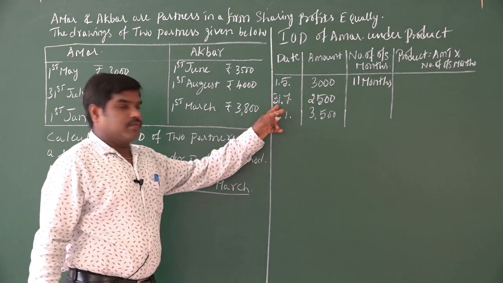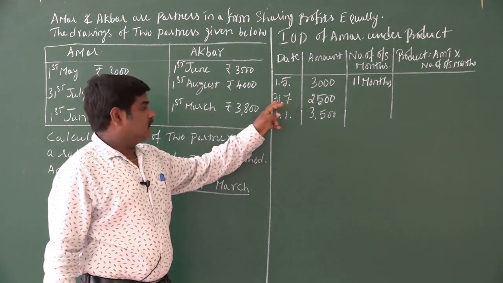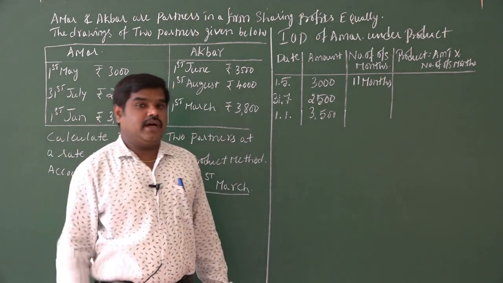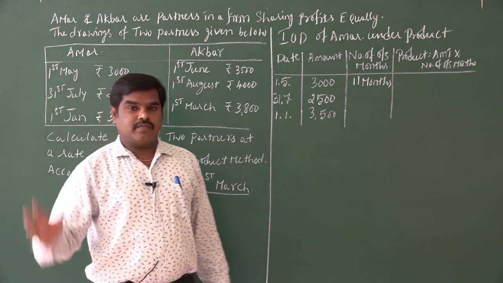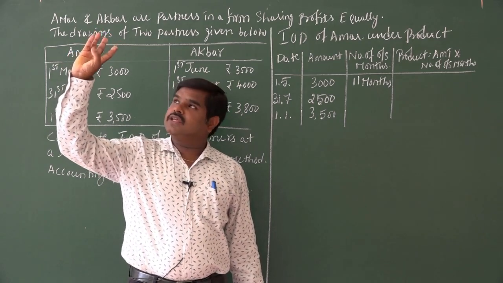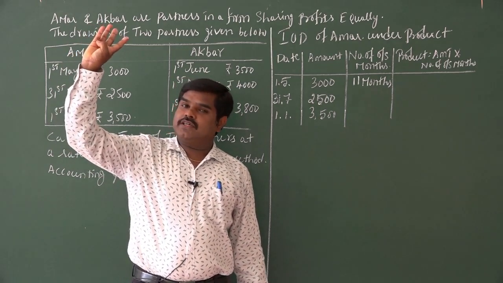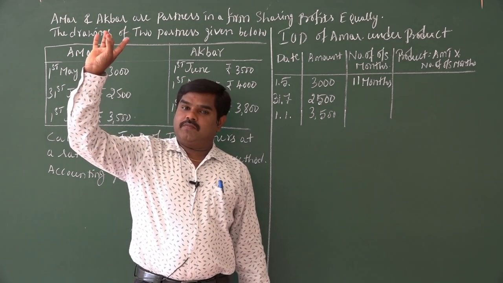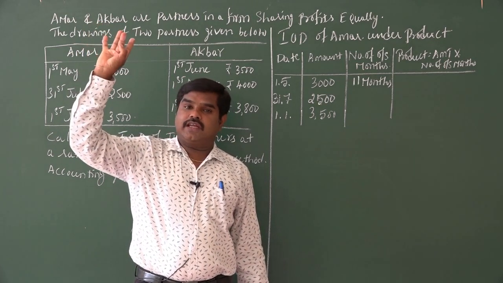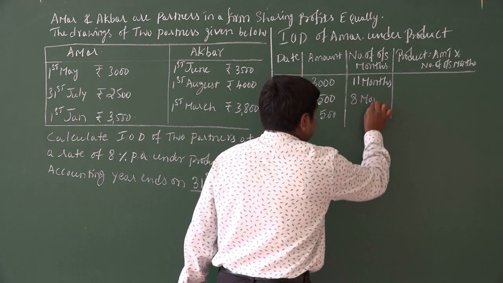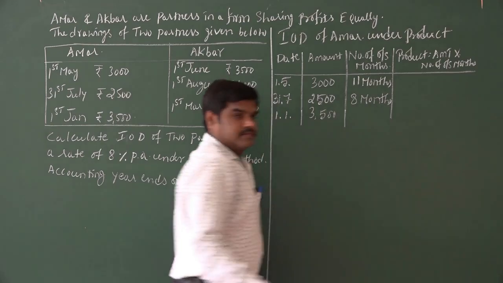Next, come to 31/7. 31/7 means 31st July. On the last date money is drawn, exclude that month. Calculate from after July: August, September, October, November, December, January, February, March. So you get 8 months.